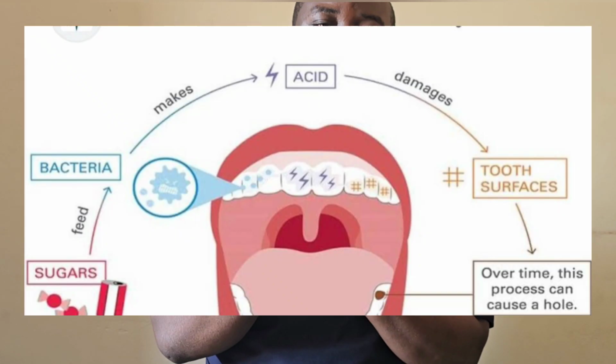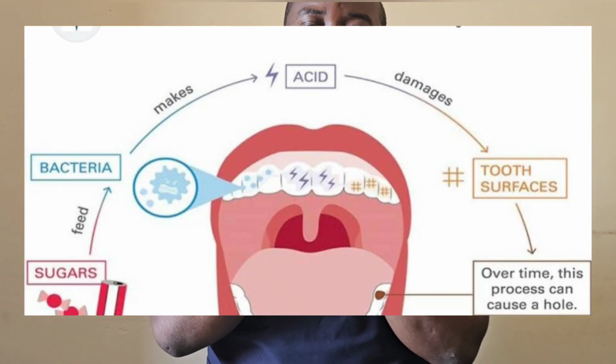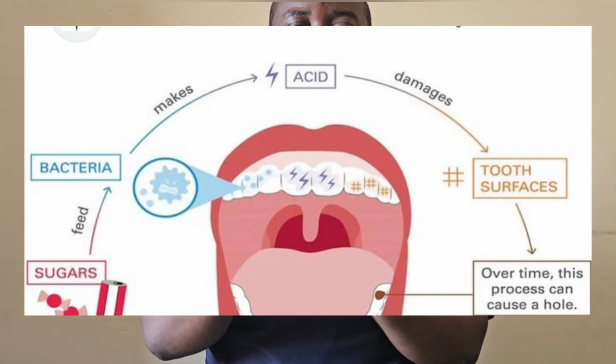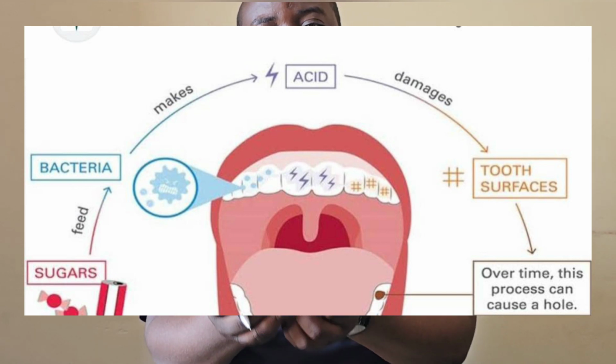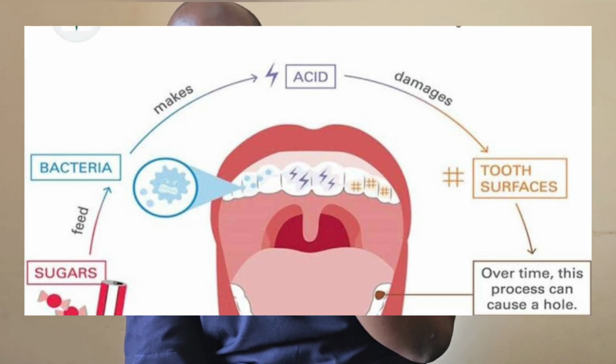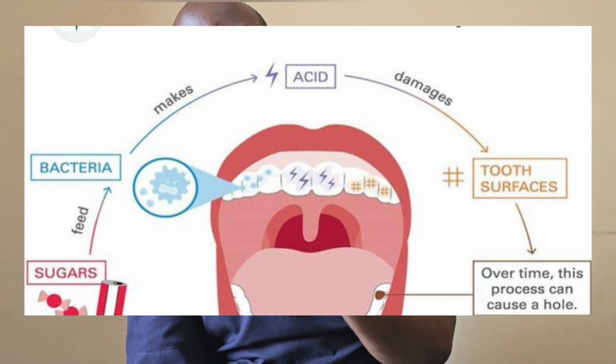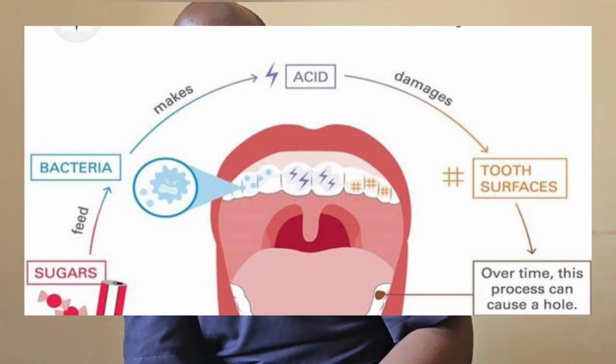Because the more time food is left to remain in the mouth, the more it gives bacteria time to ferment the food, and the food turns into acid, and the acid will burn the tooth.